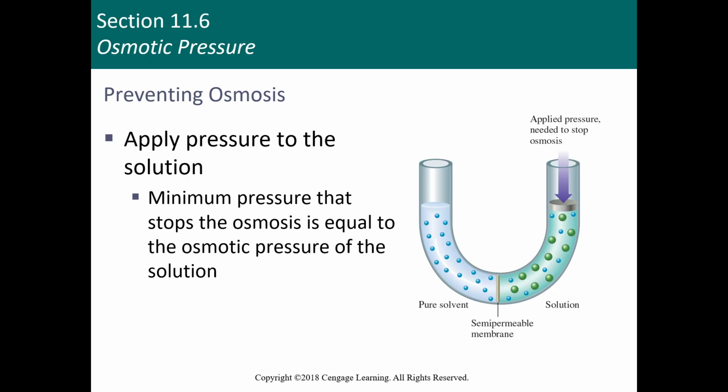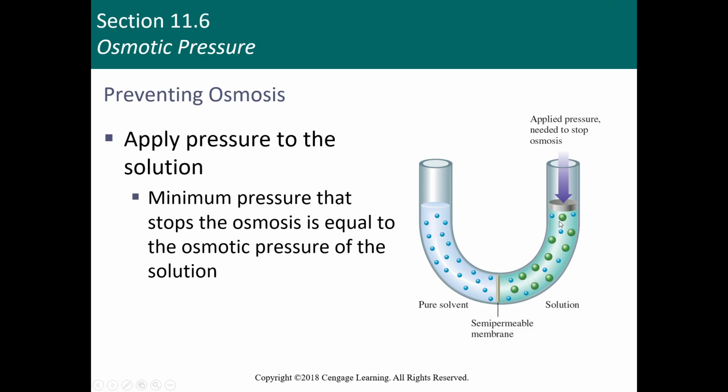Okay, so preventing osmosis. How can we do the reverse? Well, obviously we could apply our own pressure to reverse osmosis. By the way, you may have heard of this. It's called reverse osmosis, and it's one of the ways you can desalinate water or purify water. That's probably where you've heard it from. So we apply the pressure to the solution right here.